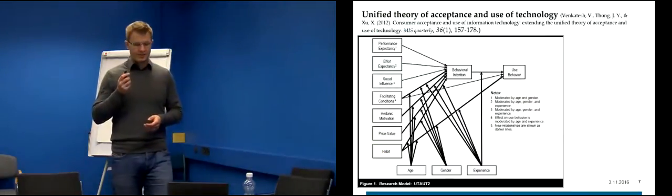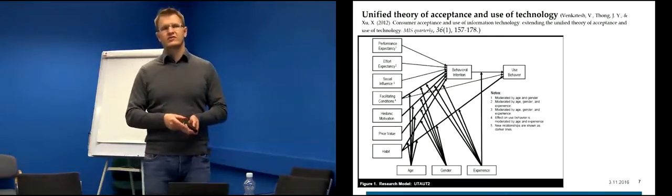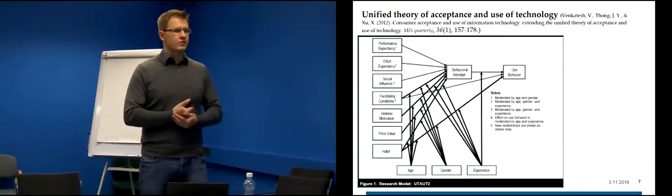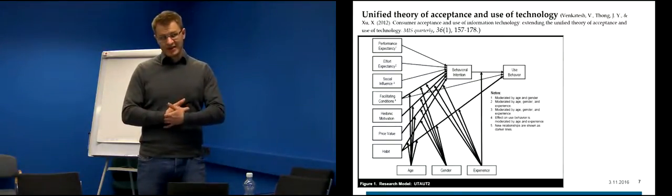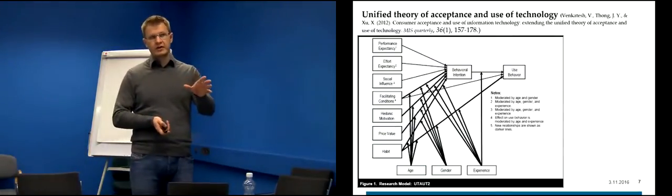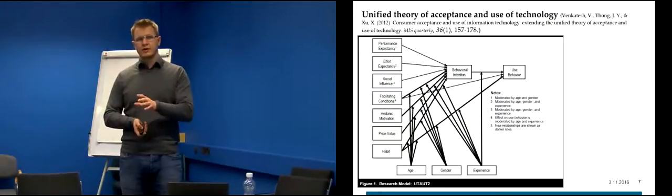And why did they start to adopt the technology? Everyone's behavior should be able to be explained at least to a large extent by, for example, this unified theory of acceptance and use of technology model. So if we can understand this model, we can understand why some people are using technology and why not.